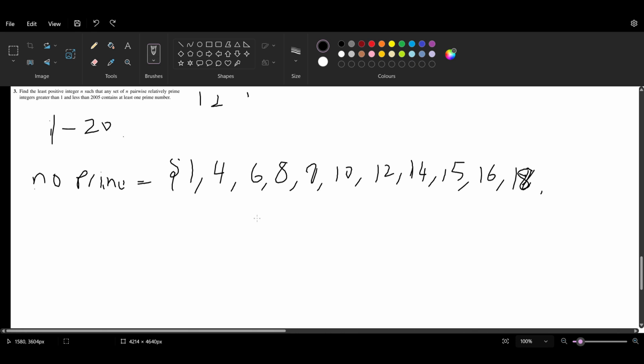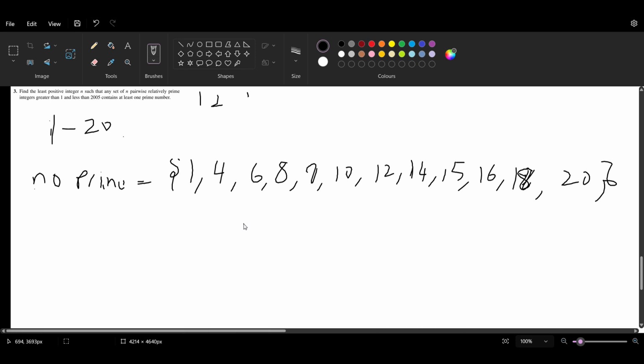So I said we are looking at numbers from 1 to 20. So this is the largest set that contains no prime.